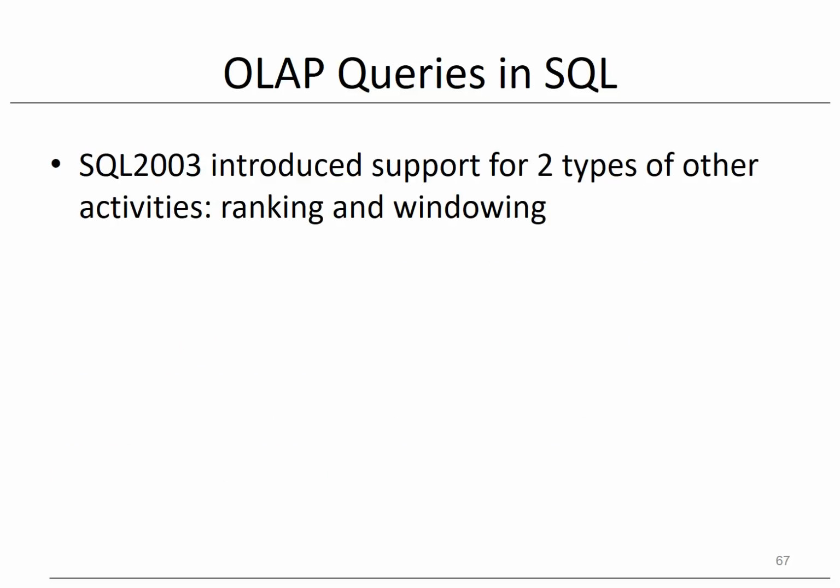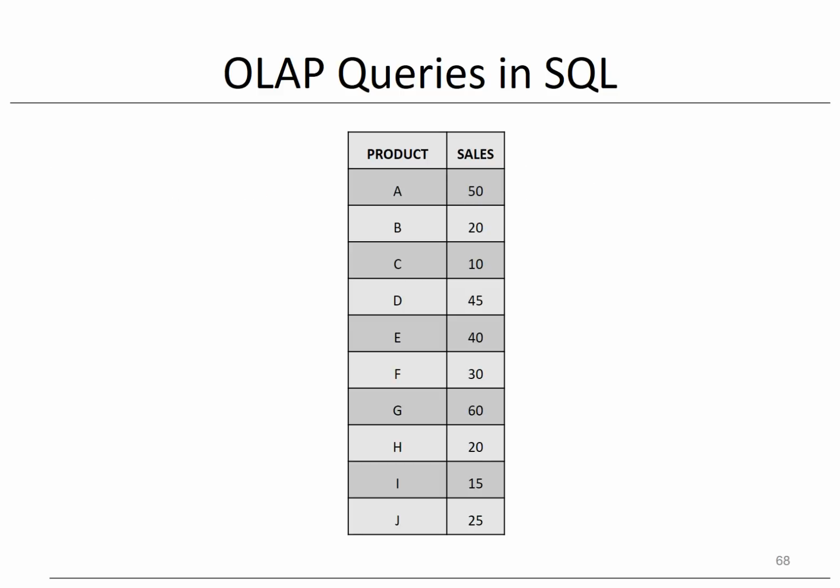SQL 2003 introduced additional analytical support for 2 types of frequently encountered OLAP activities: ranking and windowing. Ranking should always be done in combination with an SQL order by clause. Assume we have the table depicted here.